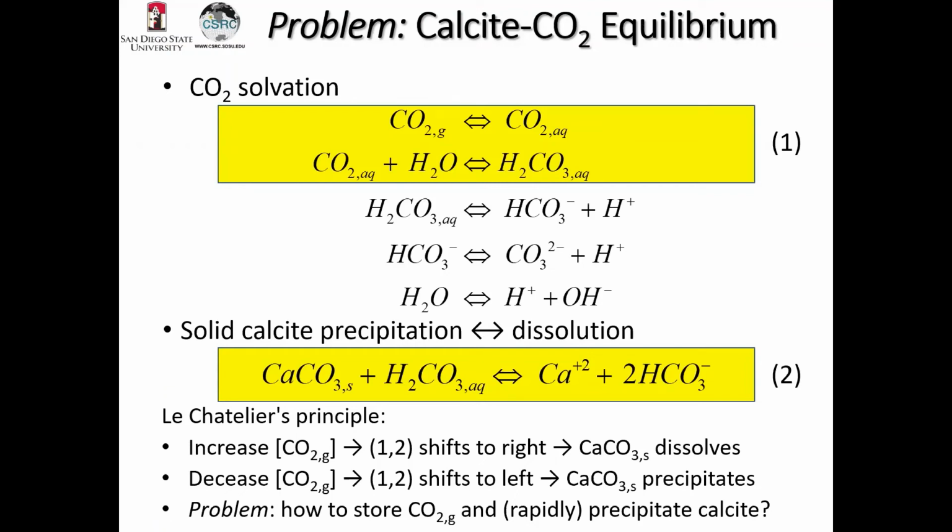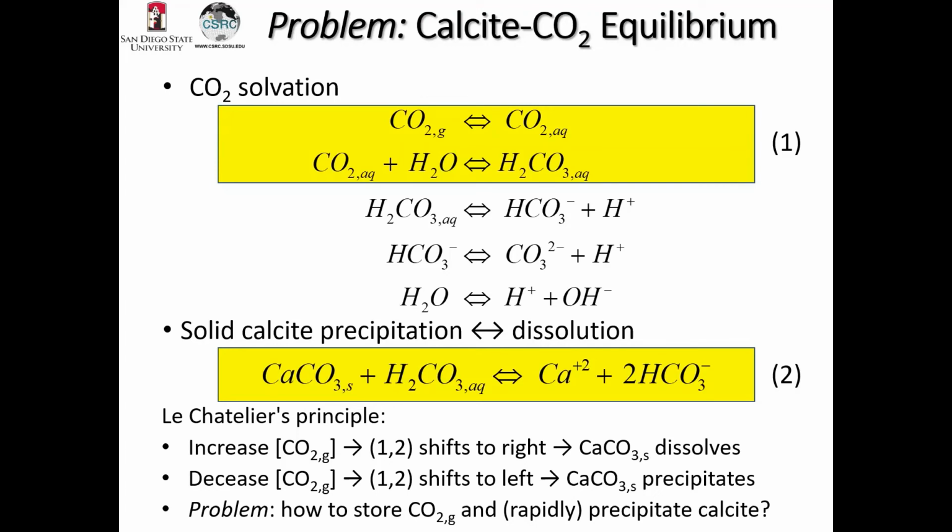But as soon as the acidic front hits, this shifts to the right, and you'll form bicarbonate again. This is what you want to prevent from happening. Well, if you decrease CO2 gas, then both reactions shift to the left, and calcite precipitates, which is what you want.